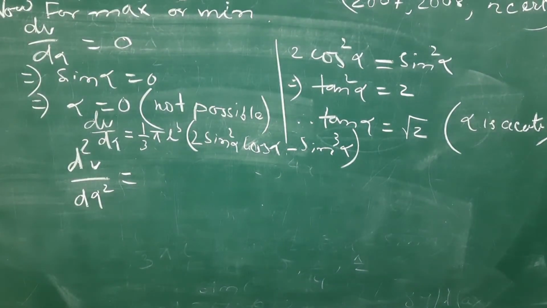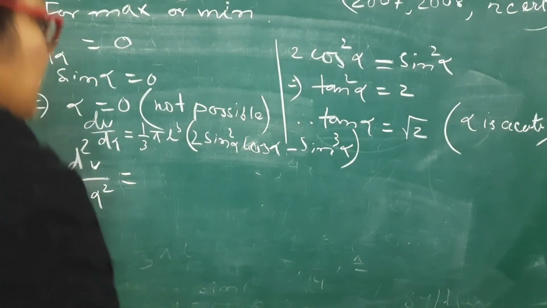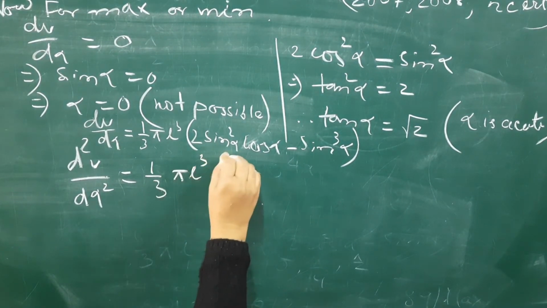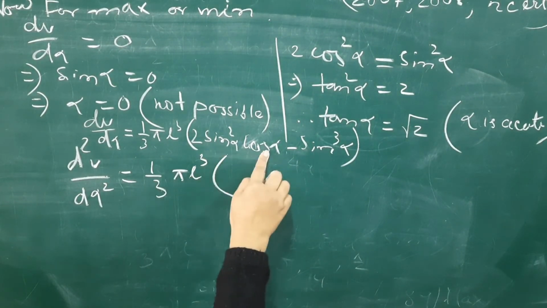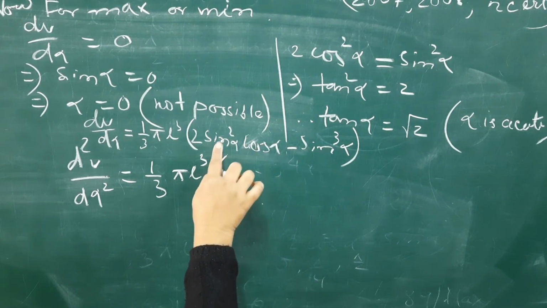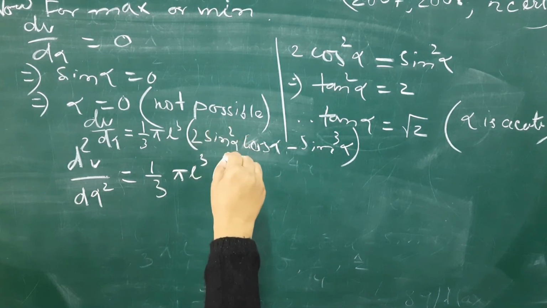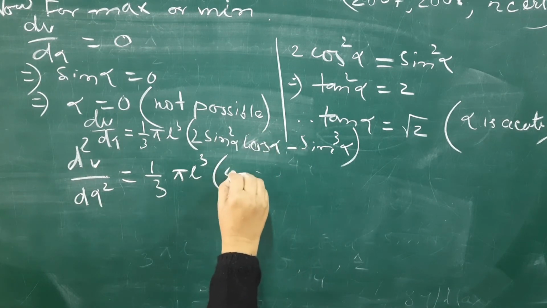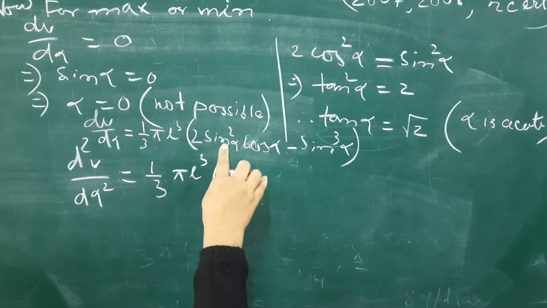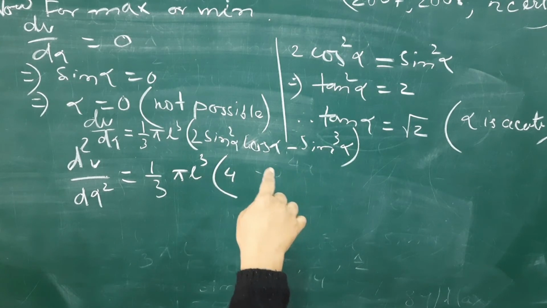Now d square V d alpha square, the first part will be the same, 1/3 pi l cube, this part is same, and inside this part again this product rule. So sine square alpha is 2 sine alpha cos alpha. So 4 sine alpha, derivative of sine alpha is cos.